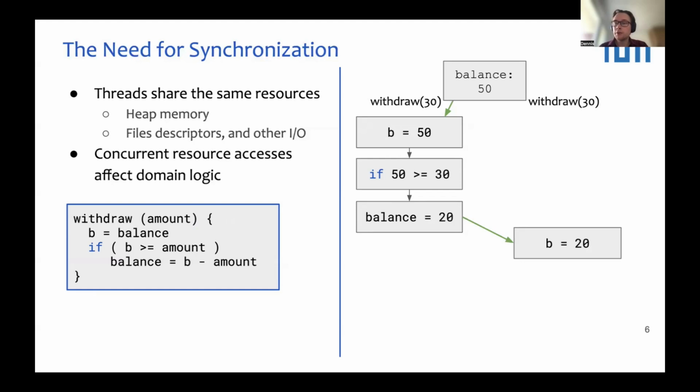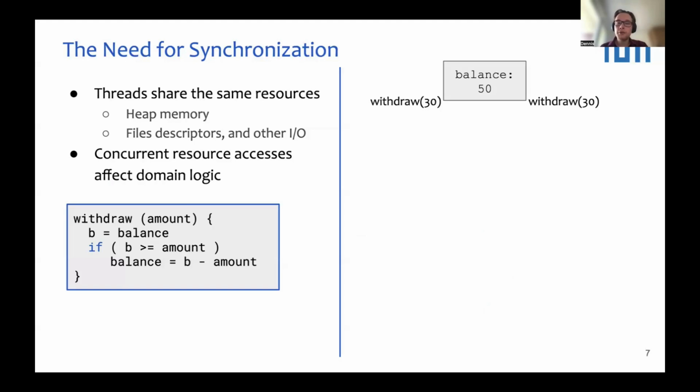Then on the right thread, we try to do these same steps, namely we read the global balance variable, which is now 20, and then we do the check: is 20 larger than 30? It's not, so we do not actually withdraw it. That makes sense. Only the left thread could withdraw the 30 euros. As such, this is a sensible interaction, at least with respect to our understanding of the domain logic of bank accounts.